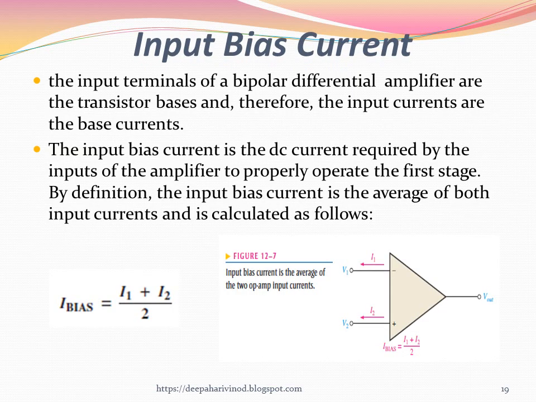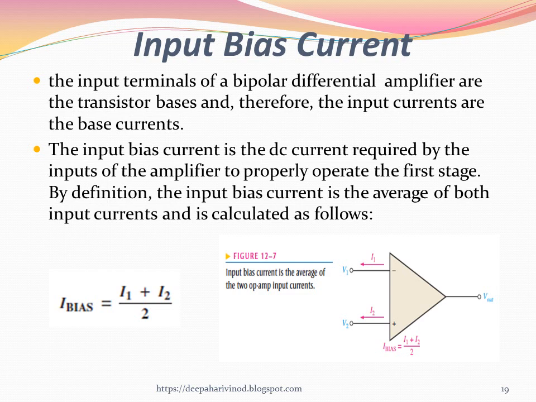Input bias current. The input terminals of a bipolar differential amplifier are transistor bases, and therefore the input currents are base currents. The input bias current is the DC current required by the input of the amplifier to properly operate the first stage.